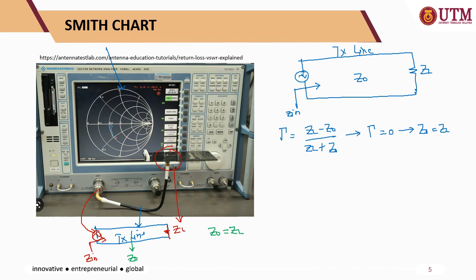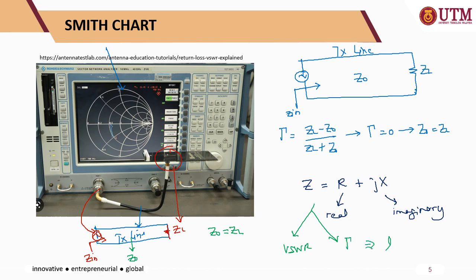So basically, the impedance Z is equal to the real part plus the imaginary part. So we need to find the real part and the imaginary part from the Smith chart. From here, then you can get your VSWR. You can also get your reflection coefficient, and you can estimate the length as well for the transmission line.